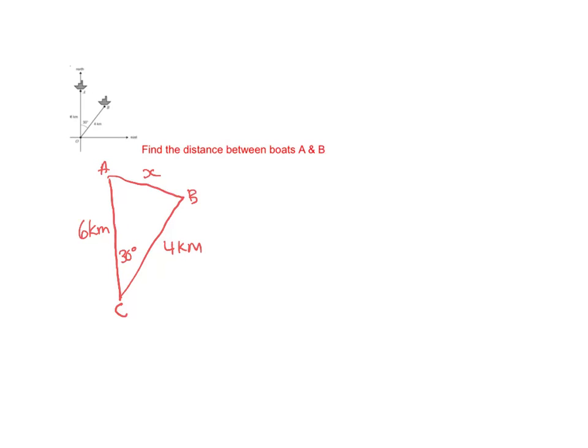So I can see I've got the cosine rule because I have two sides and the included angle. So I want to actually find side little c.